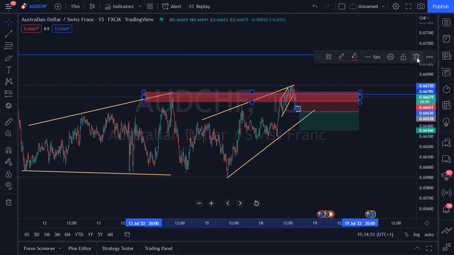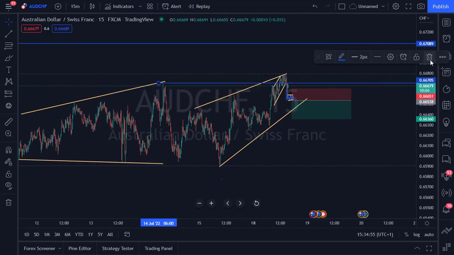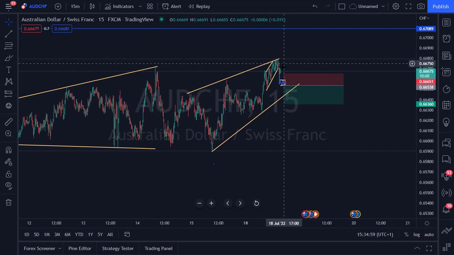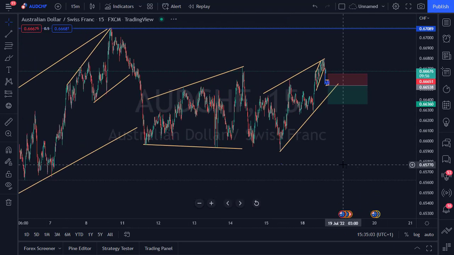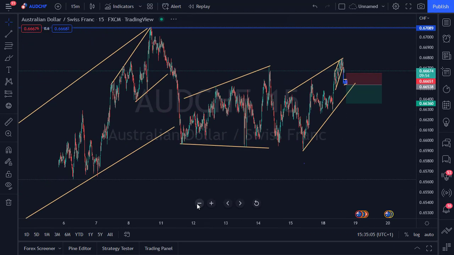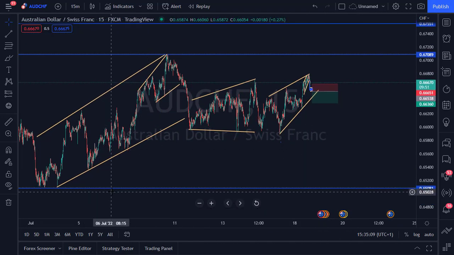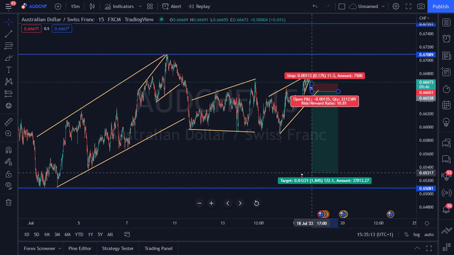Let me take away that box, we don't need it, and then I'll take away this line. I always like my charts clean. We already used the line to determine that this is a potential double top, so now we are waiting for this to come all the way down right there, give us an entry, and then the point we marked on the higher time frame as the low would become a potential take profit.